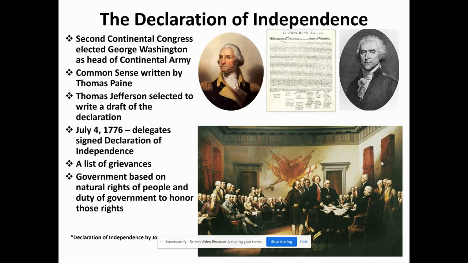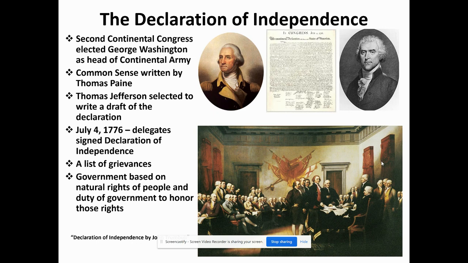And in it, he talks about what liberty is and what independence would be, and how important it is that we unite together against this great oppressor, the king. We have to separate ourselves from this king. And so he's fanning the flames with his words, and his pamphlet is being passed from colony to colony and person to person.